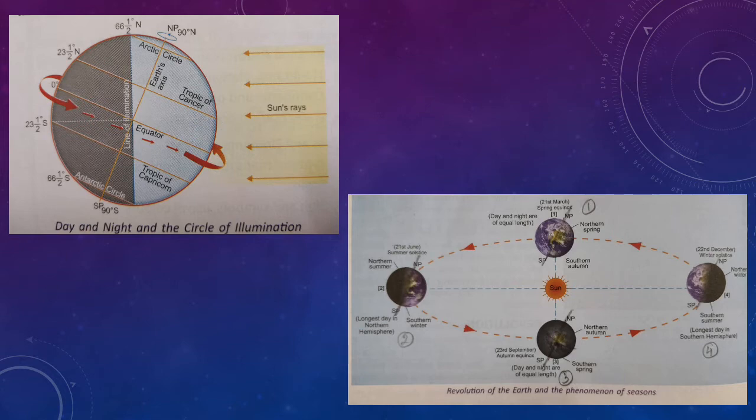And when the sun's rays are falling in this position, you can see it is falling directly on the Tropic of Cancer. Here in the picture of rotation, the sun's rays are falling more on the Tropic of Cancer. So this is position 2.